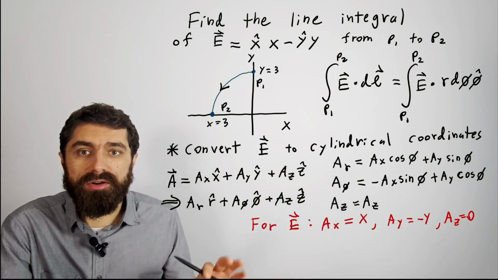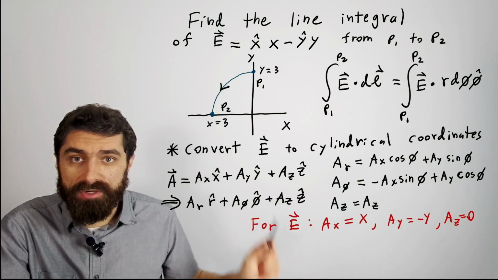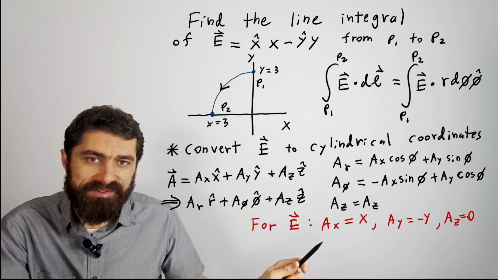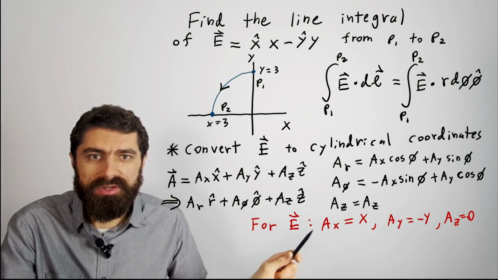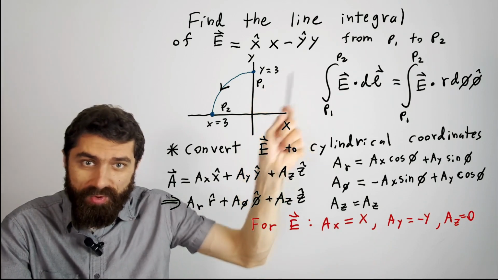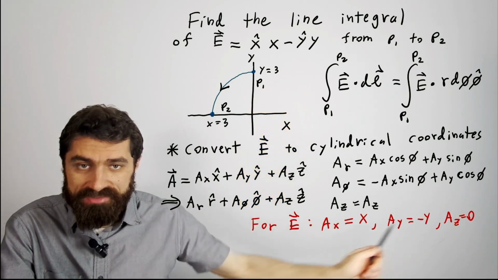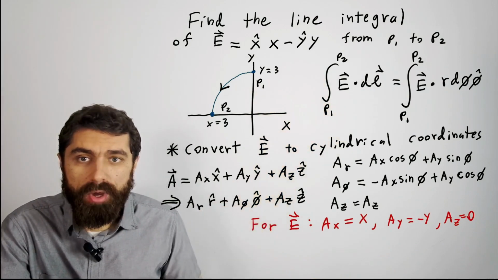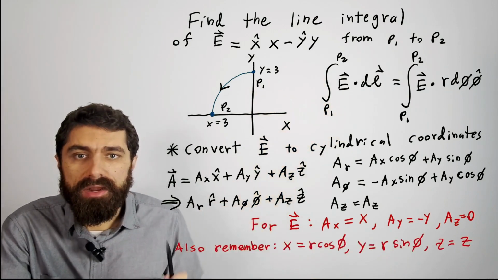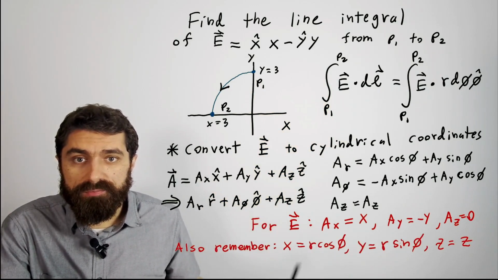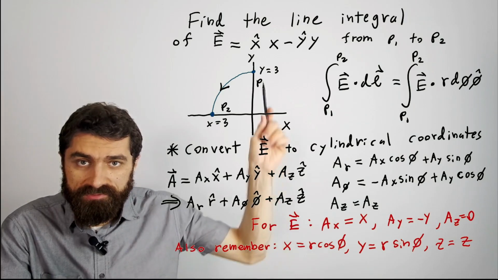So in our example here, if we look at our electric field expression, we can say that AX is equal to X, AY is equal to minus Y, and AZ is just equal to 0 because we have no Z hat component there.